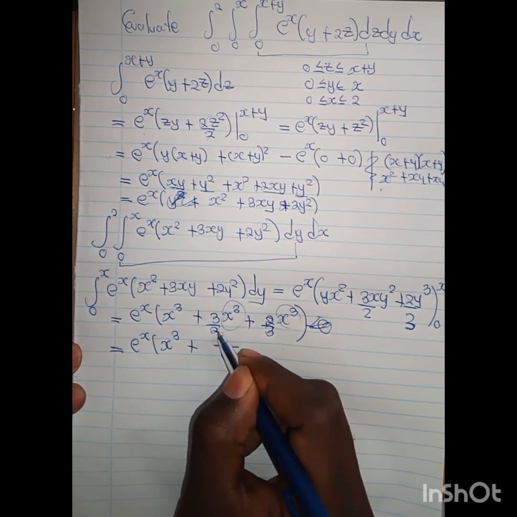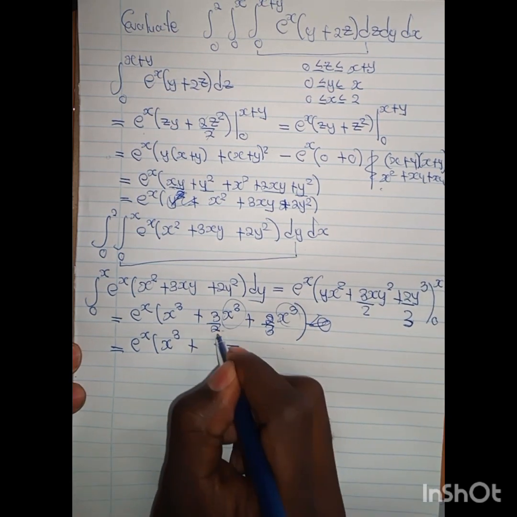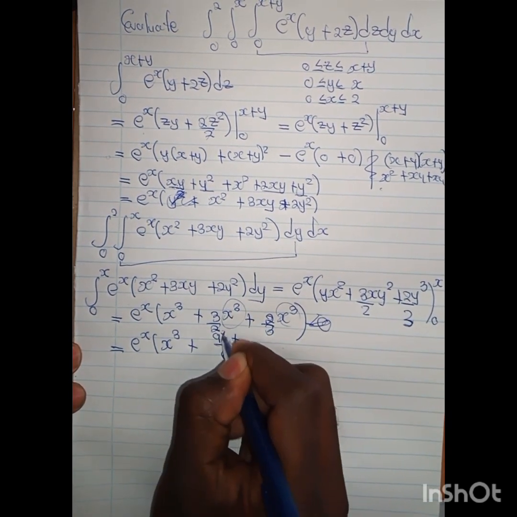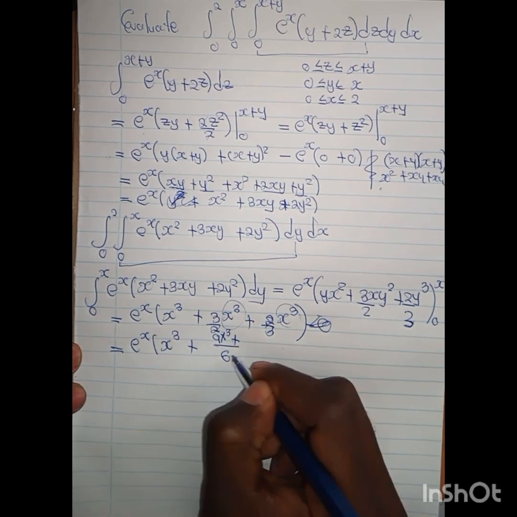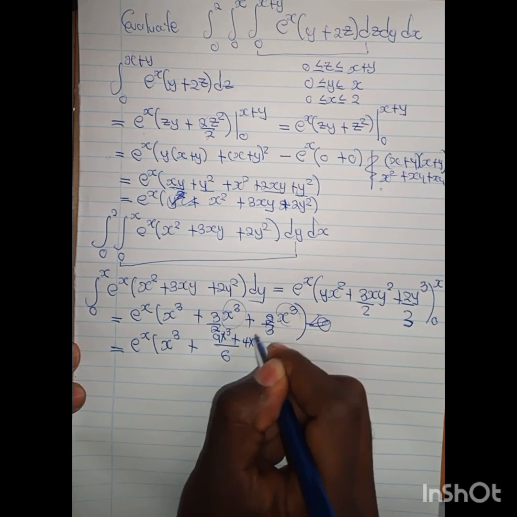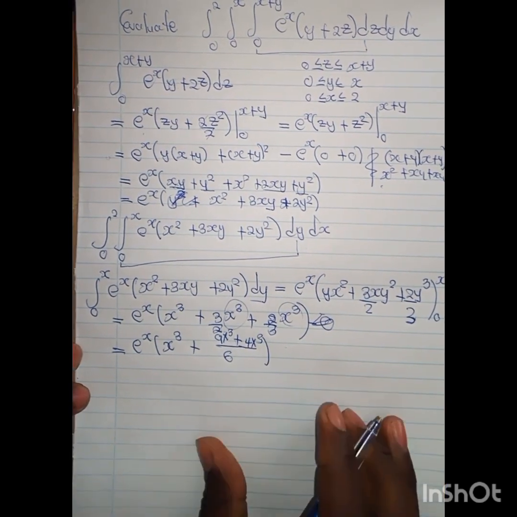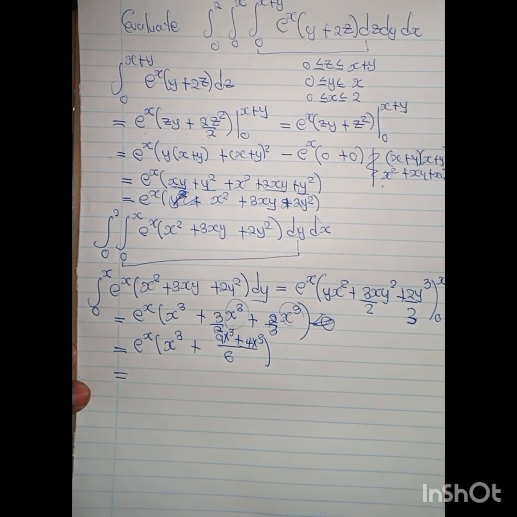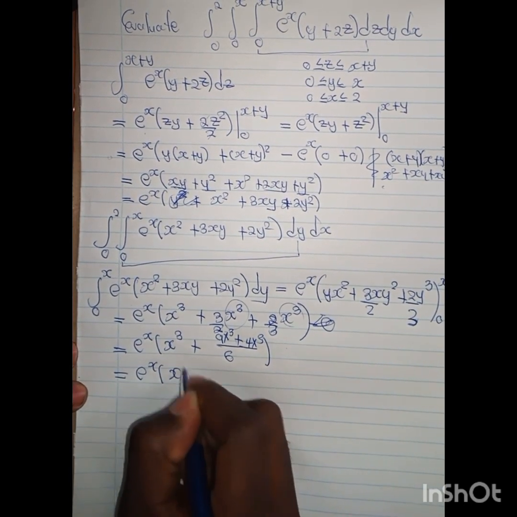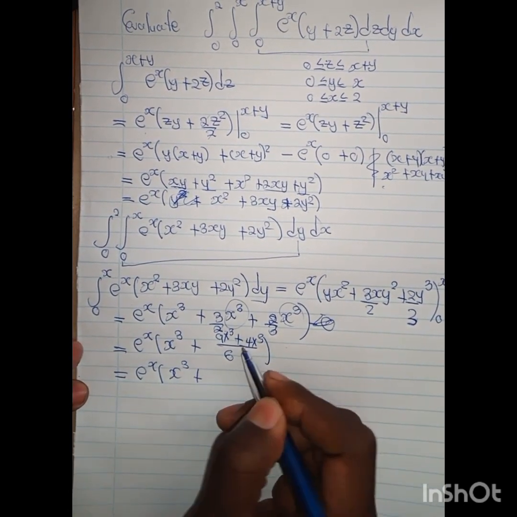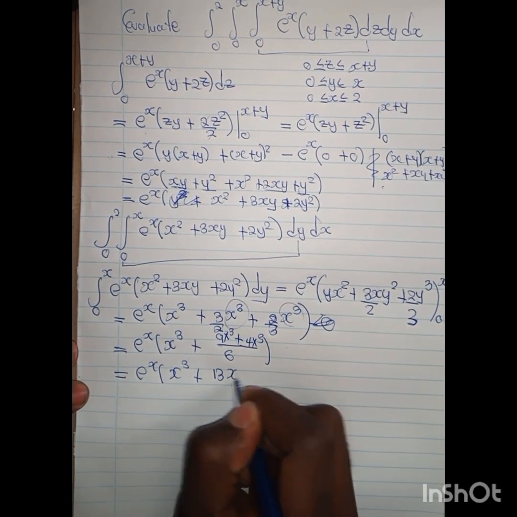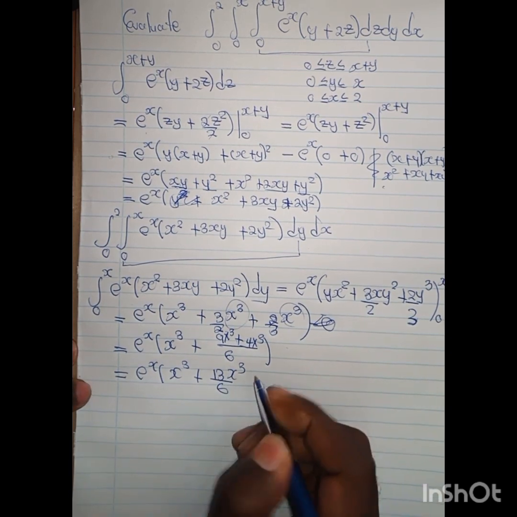Then 6 divided by 2 is 3, 3 times 3 is 9. Plus x cubed, then 6 divided by 3 is 2, 2 times 2 is 4, so 4x cubed. Then we have e to the x, and then x cubed times 9 plus 4. 9 plus 4 is 13, so we have 13x cubed over 6.